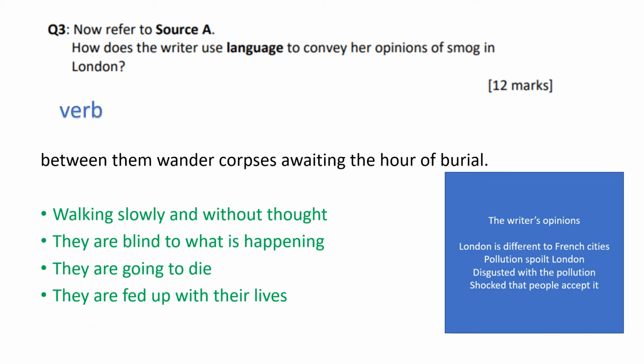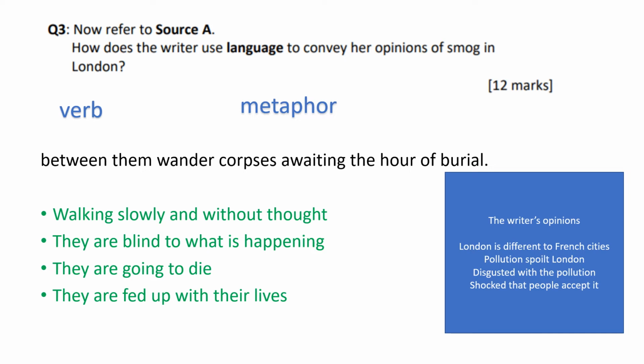And we've got the verb wander. I think wander is a great verb. And remember, quite easy to see a verb straight away. So wander, and we've got the metaphor of corpses awaiting their hour of burial. Okay, so we've got two techniques there.